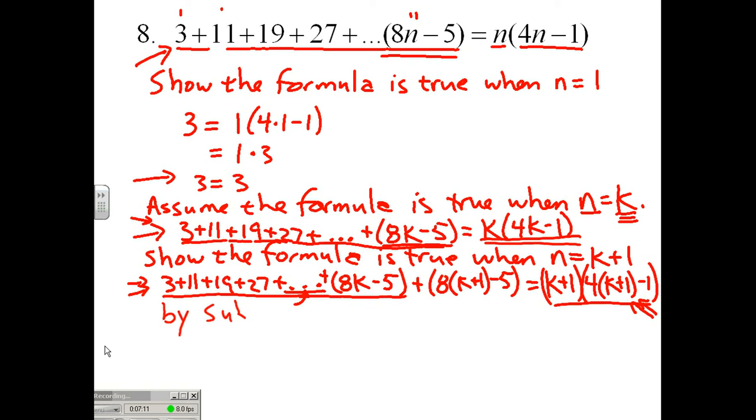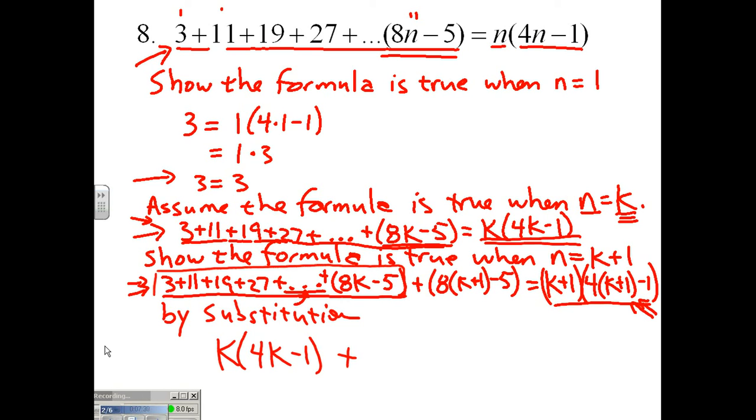By substitution, in goes k times 4k minus 1, and takes the place of this whole guy right here.